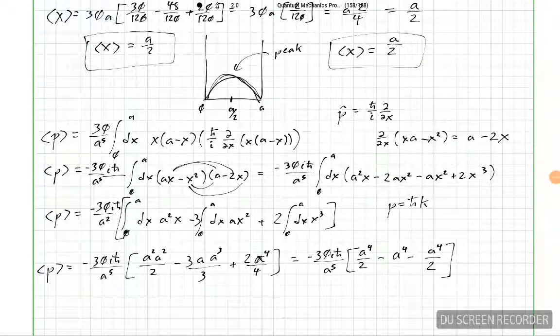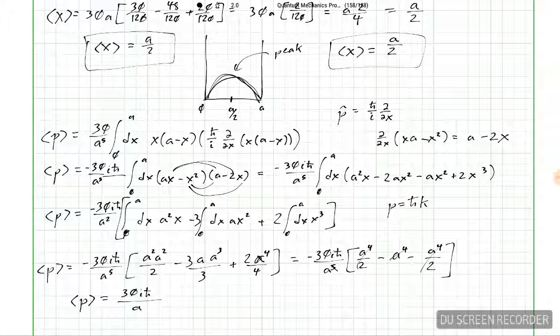So this should be a negative. I'm looking at my earlier notes and I have it this way. So I'm just going to trust my earlier self on that one. So those go ahead and cancel out. And what I get is 30 i h bar. My a to the 4th cancels with 4 of those over a.